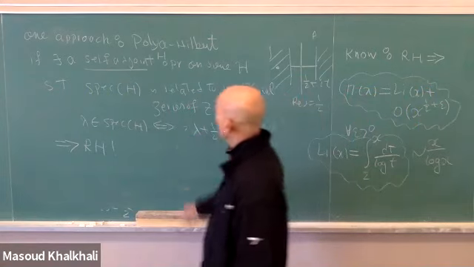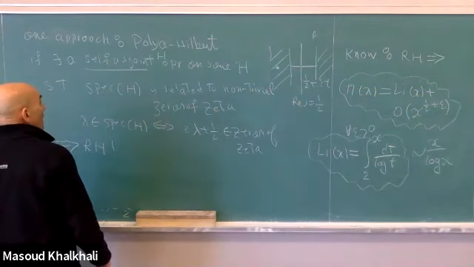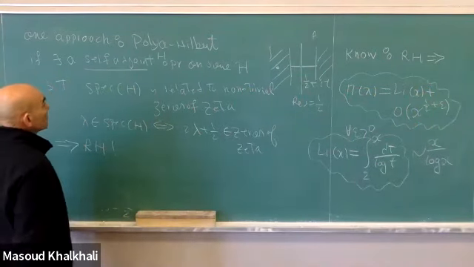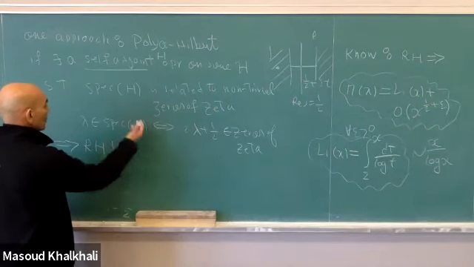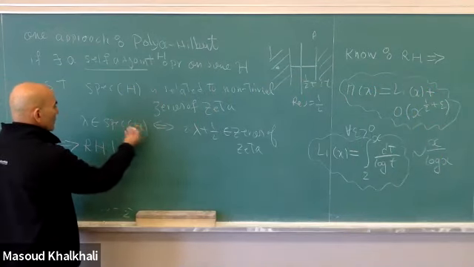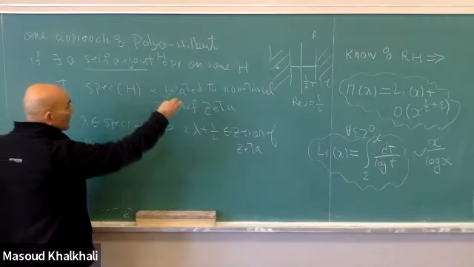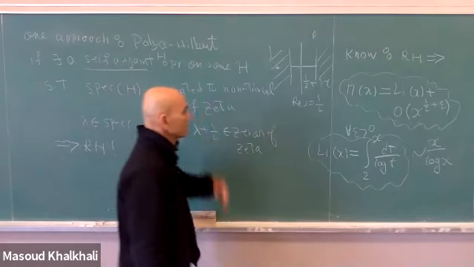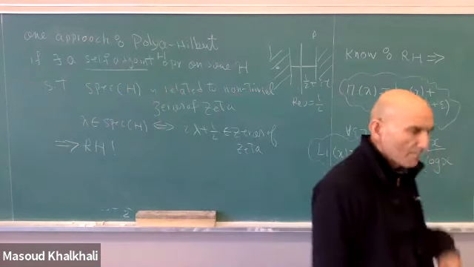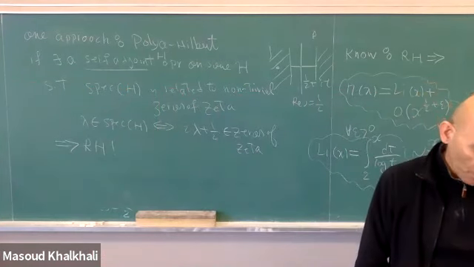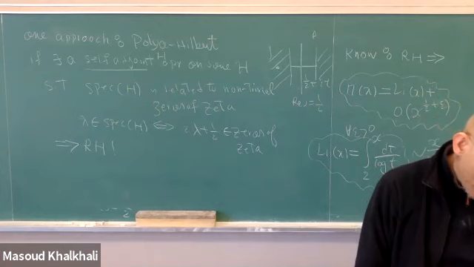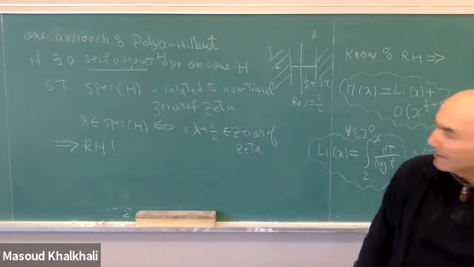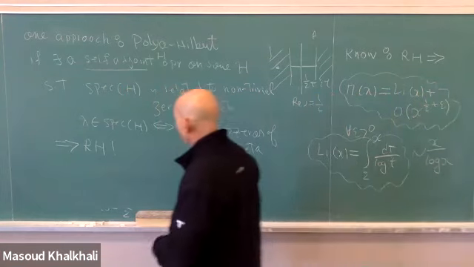So this is the approach attributed to Pólya and Hilbert, and people try to construct this operator H and this Hilbert space by different methods. That's more or less the approach we're going to apply.